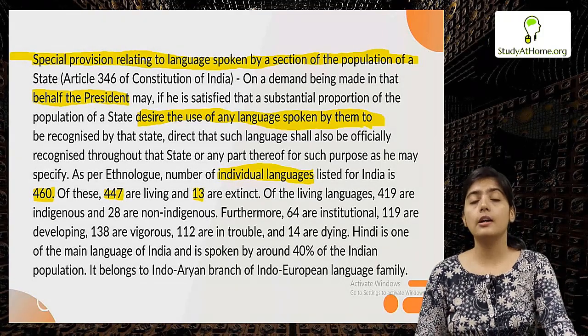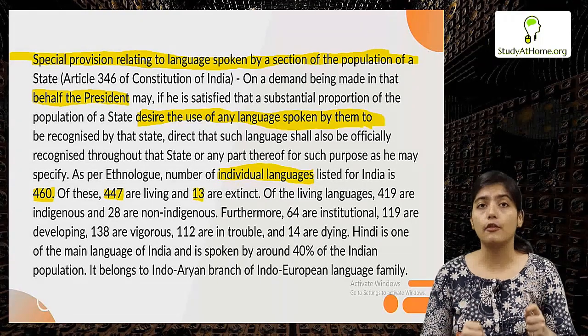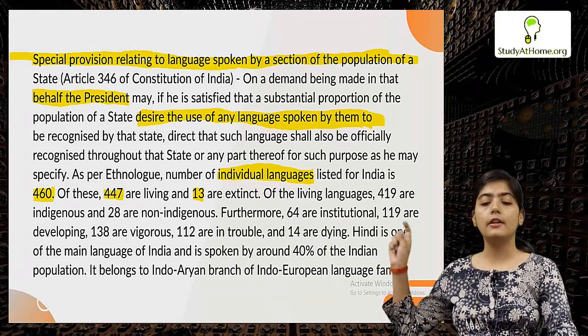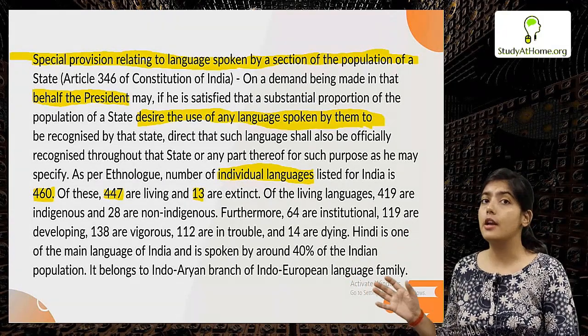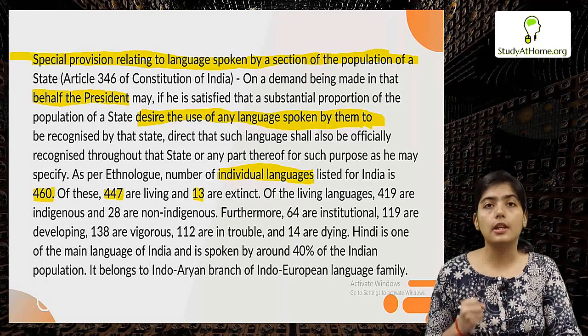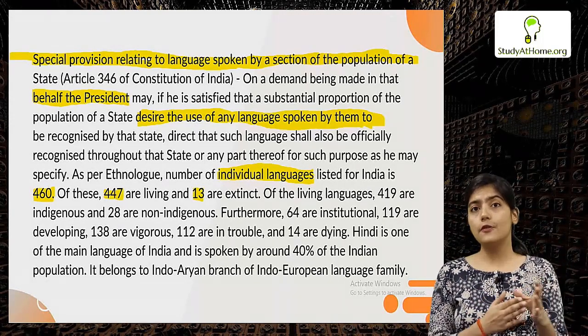So these are very important numbers regarding the languages of our nation. Then lastly, I would like to tell you that 14 languages are dying. Here it is a very crucial thing that we need to know, that 14 languages out of these 460 languages are dying.